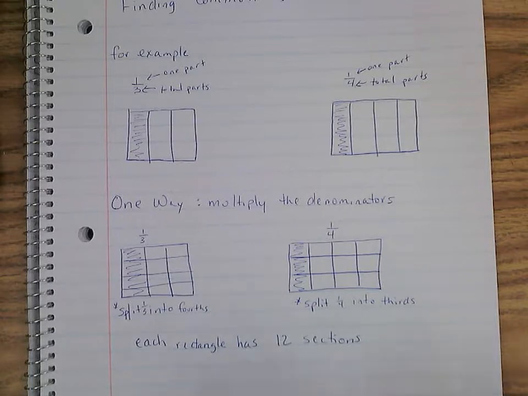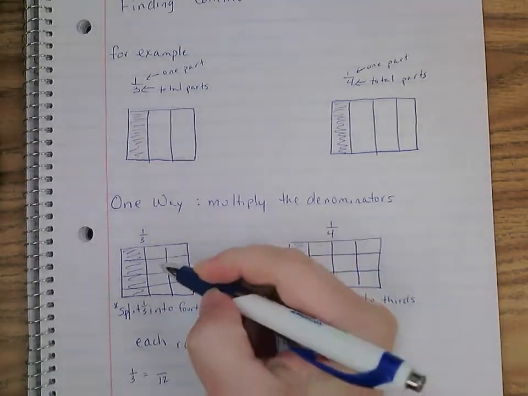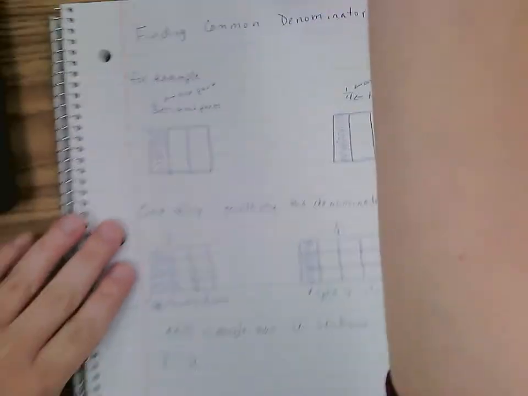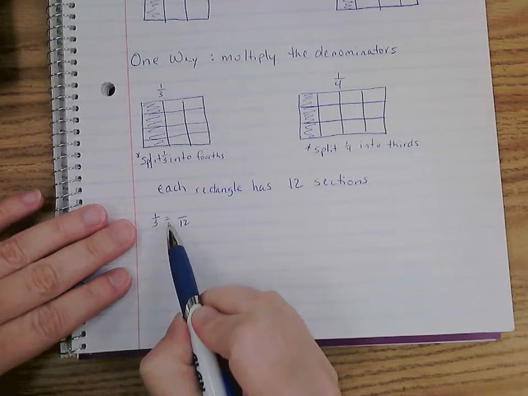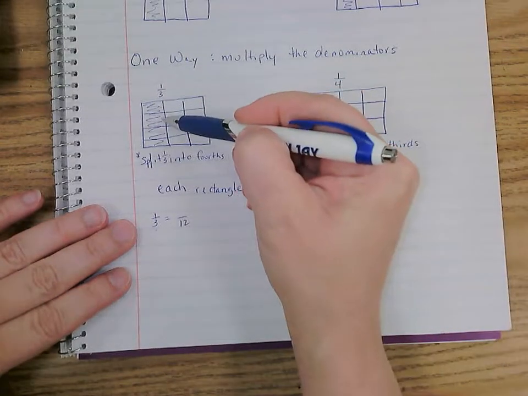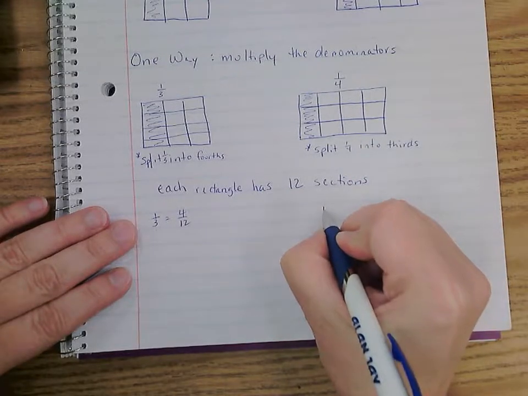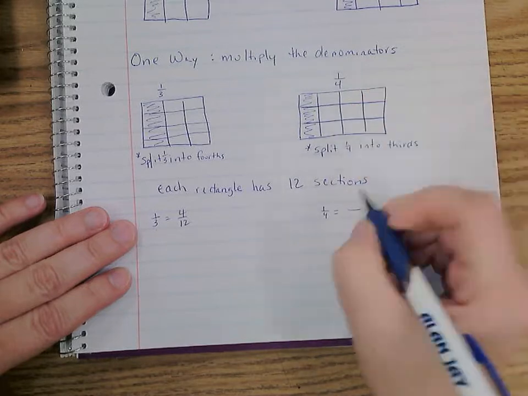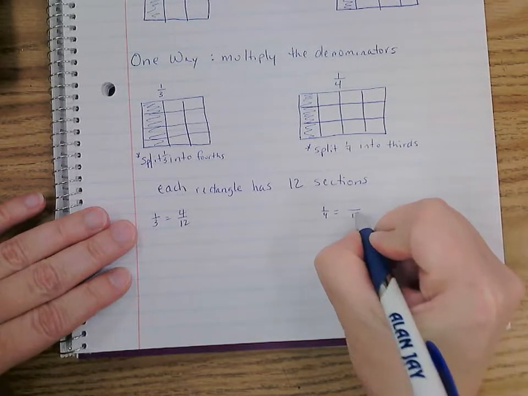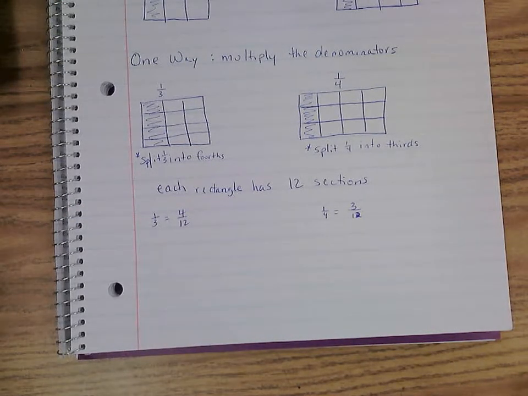So 1/3 is equal to 1, 2, I apologize because you can't see that, so I apologize for having to move the camera. 1/3 is equal to 1, 2, 3, 4 twelfths, and 1/4 is equal to 1, 2, 3 twelfths. Oops, not 13ths, twelfths. 3 twelfths. So that's one way of doing that.